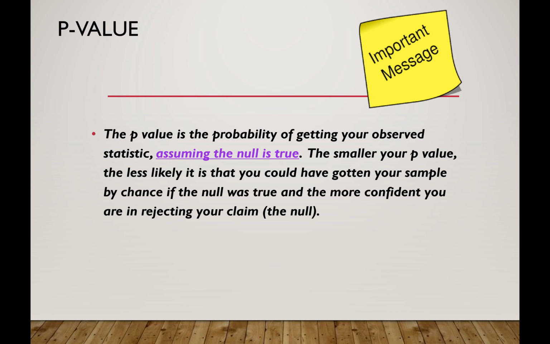And that's a wording you'll get used to using as you reject the null or you fail to reject the null. So what this means in terms of pictures is, let's take that first example with the score for study habits is 115. So the null was that the mean was 115. So we're using a conditional probability here. We're saying, assuming this is true, what's the probability of getting the sample I got?